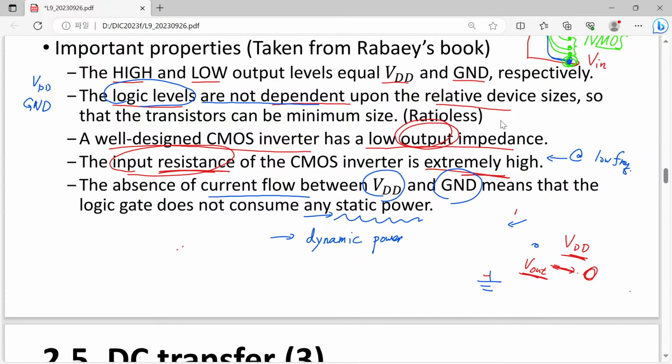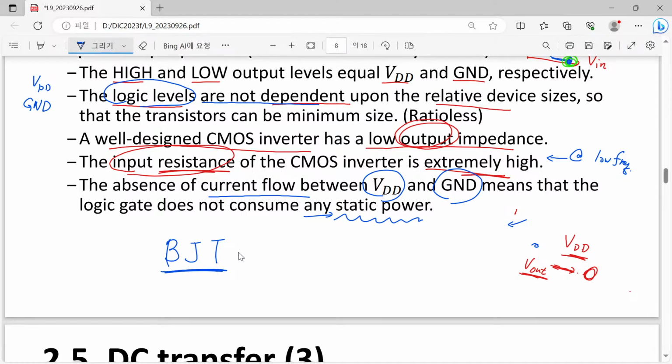That is critically important. Why is that important? Previously, CMOS was not the major technology. Before we introduced CMOS technology, there was another technology called bipolar junction transistor, and it is quite good in the sense of its operational speed.